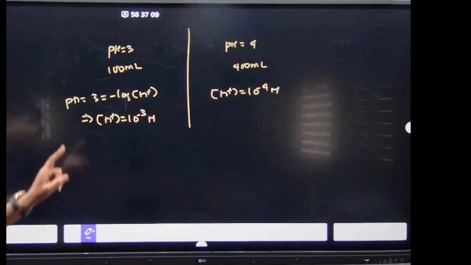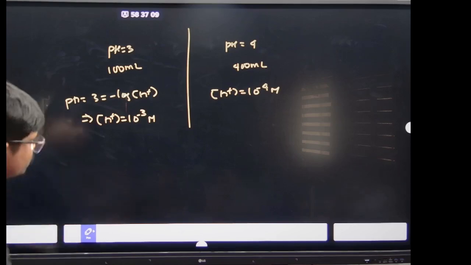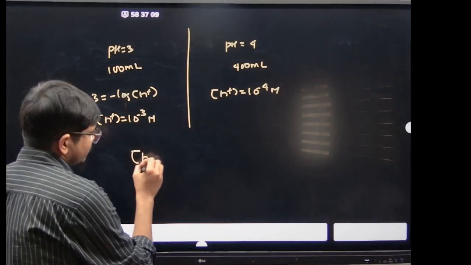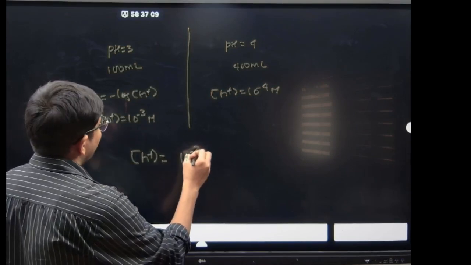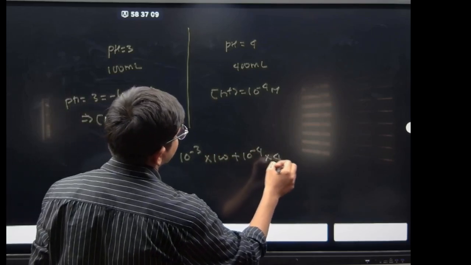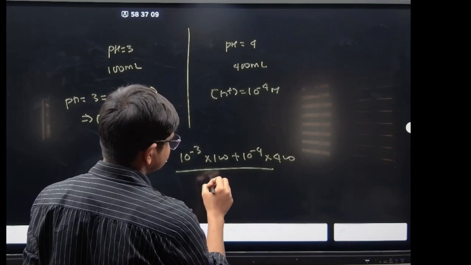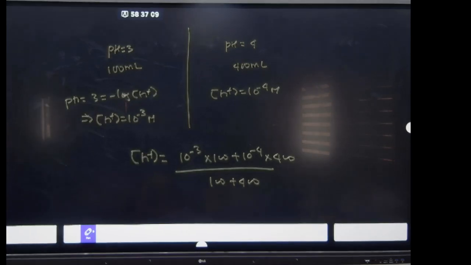See here, both will be added. H plus and H plus will be added. So I can write the net concentration of H plus will be this one multiplied by its volume plus this one multiplied by its volume divided by the total volume, by 500. Clear? Fine.